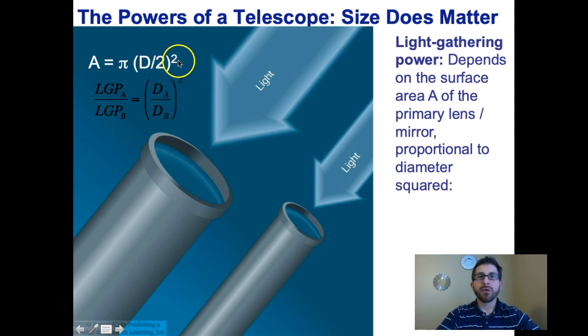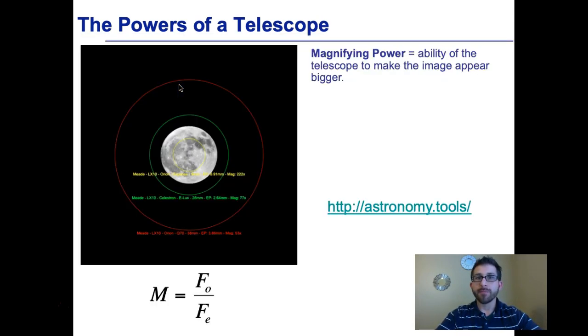Here we have pi in both of these, so we can drop the pi. We have the same diameter equation to find radius, so we drop that part of it. They're both going to be divided by 2, and we're left with a very simple equation, the diameter squared. So we have the ratio of the diameter squared of these two telescopes, A and B, and what we can then do is determine how much the difference is in their total area.